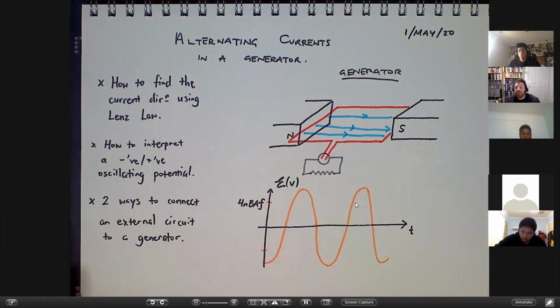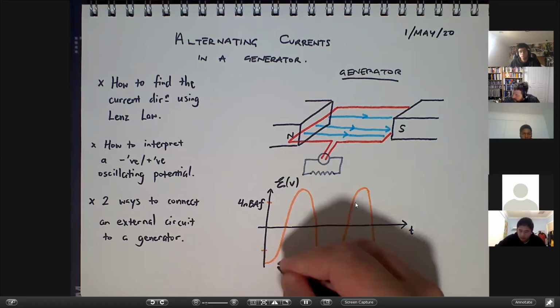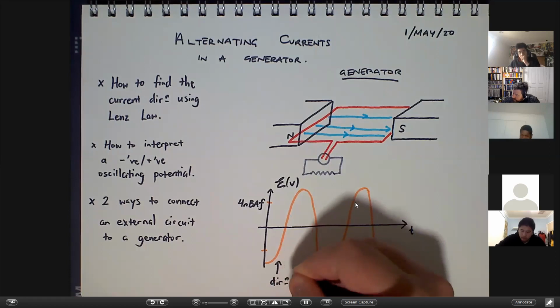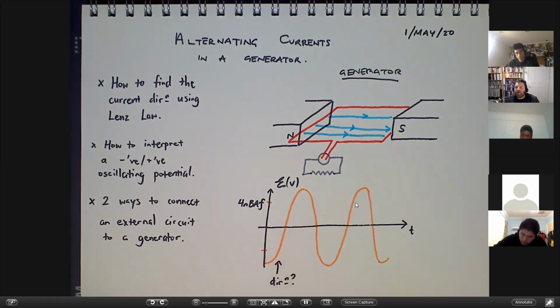And remember, the Faraday part of Faraday's law gives us the amount of potential that we get, but it's the Lenz's law part that gives us the direction. So we're going to apply Lenz's law to work out, in this first quarter here, what direction the current is actually going around in that loop.